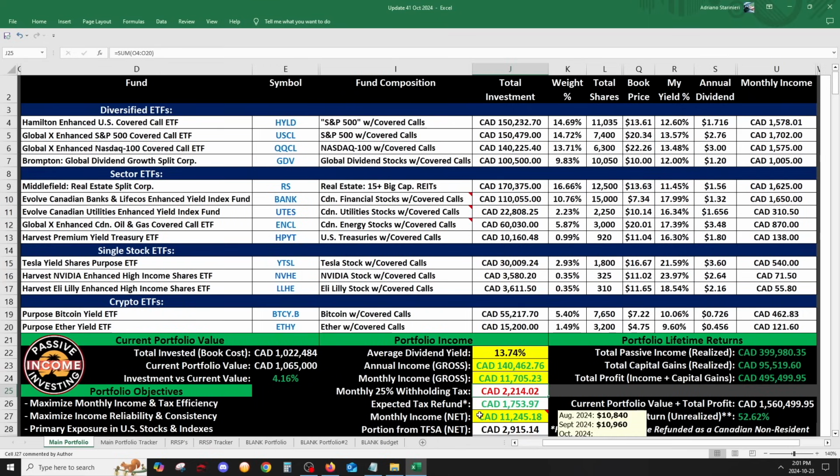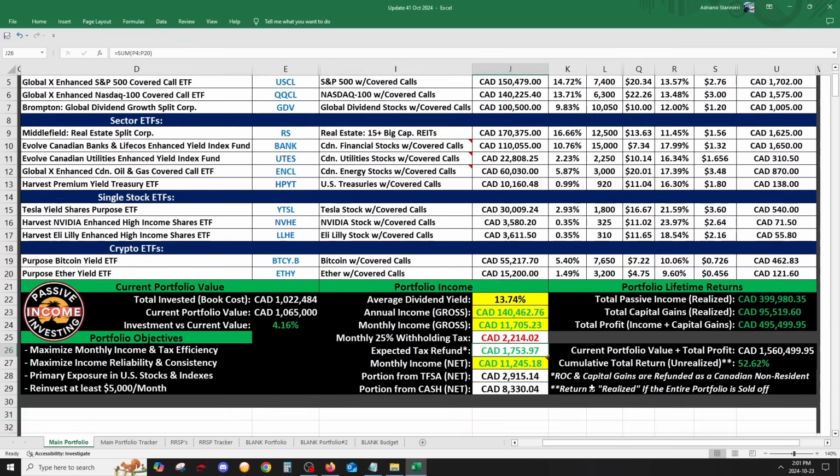And here's my expected tax refund. Like it says here, I get everything that's classified as ROC and capital gains the following calendar year. So this is just an estimate of what my tax refund is going to be every month versus this $22.14.